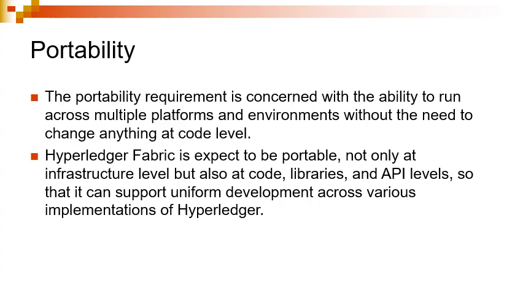So without changing the code, we should be able to load the code across multiple platforms and environments. So Hyperledger Fabric is expected to be portable not only at infrastructure level but also at the code level, libraries and API levels, so that it can support uniform development across various implementations of Hyperledger.